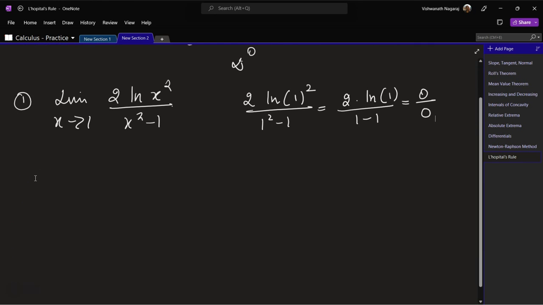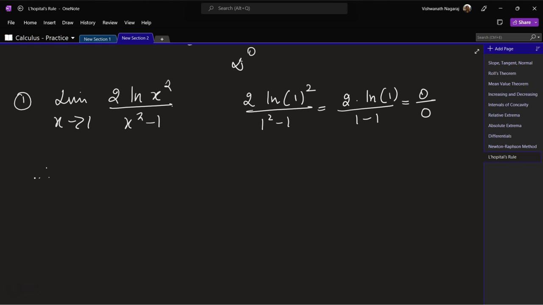So we need to use L'Hopital's rule. Once we are able to arrive at this type of form, we can differentiate both the numerator and the denominator independently.